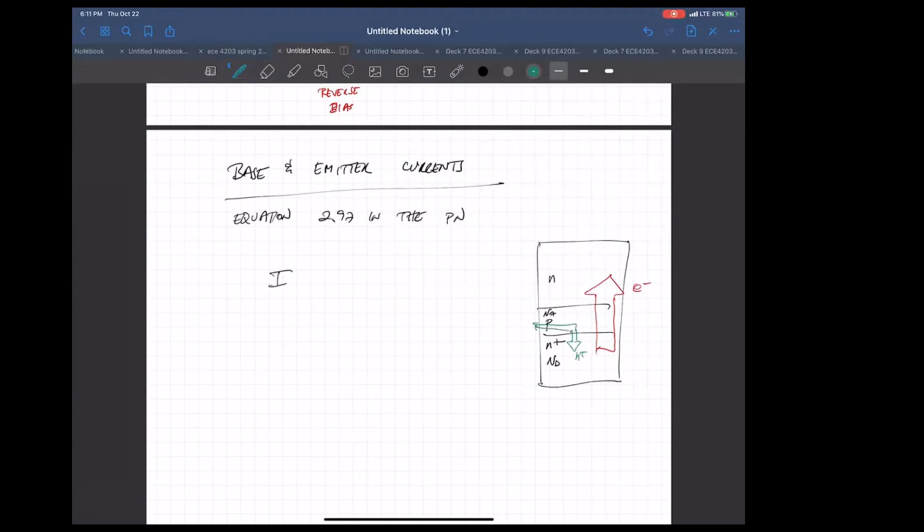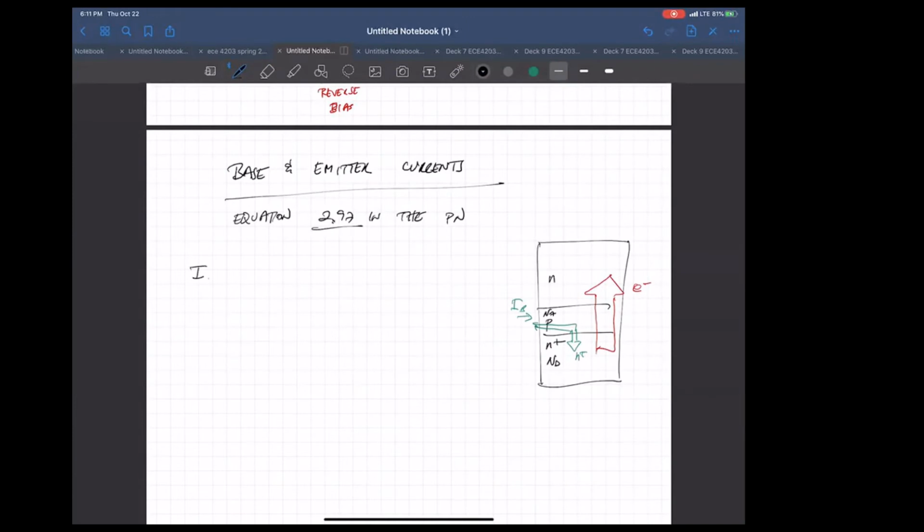Right now we're trying to come up with an expression for this total current. If we look at the current of this junction, it will be this current plus that current. We looked at this back in slide deck two.